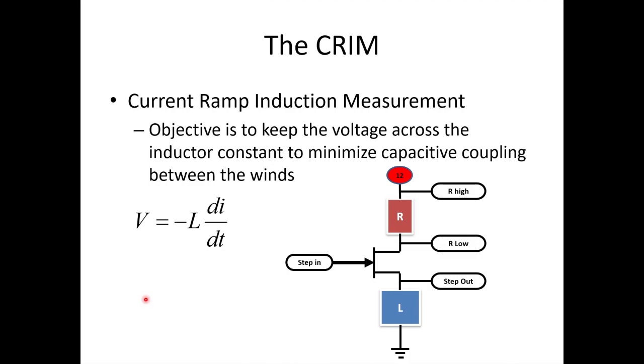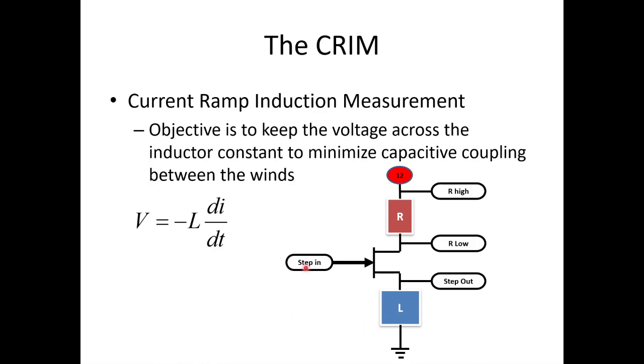And the way we're going to do that is what's known as the current ramp induction measuring circuit. This I developed in the 1990s. This is not new, but we're going to improve on it drastically over what we had in the 1990s. Essentially, here's our inductor under test down here.